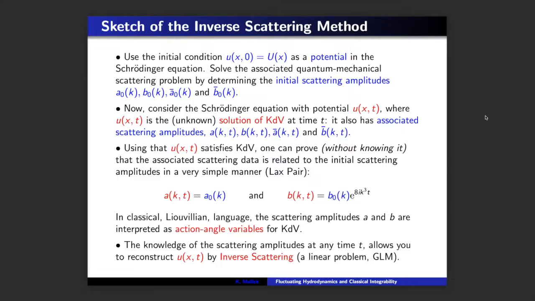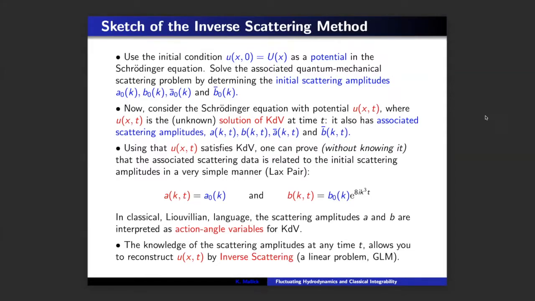And this is proven directly, without solving the problem, by a kind of abstract algebraic method due to Lax, which is a Lax pair. We shall come to it in the case of our MFT problem. So the thing is that even though you're not able to solve the KdV equation, you know it through the scattering data at any time.